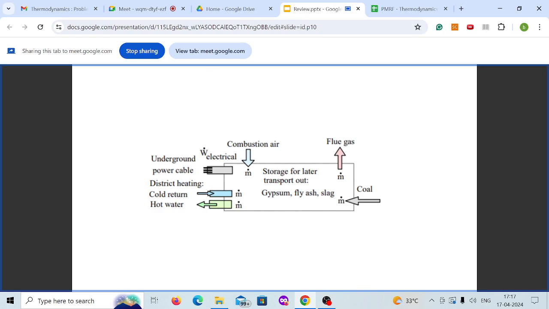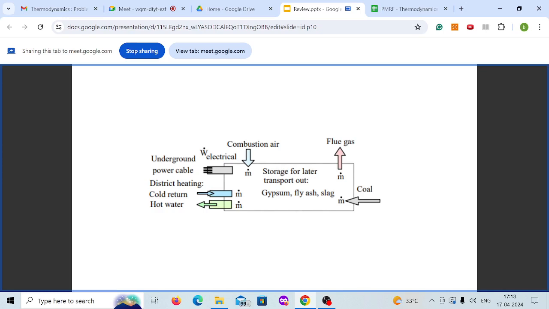That is in terms of mass coming in. Coal is coming in, combustion air is coming in, and the burnt gas is going out as flue gas. So there is a mass transfer, and you are also using that heat to do district heating. There is water coming in, getting heated and going out.